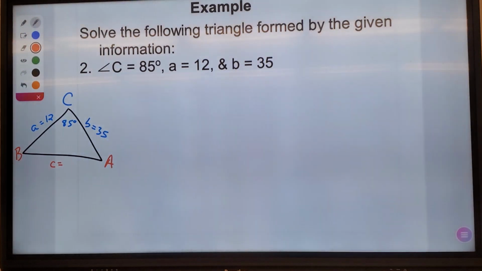Okay, with ones like this where you are given an angle, you have to use a very specific one of those equations. And you have to use the equation that matches the angle that's given.